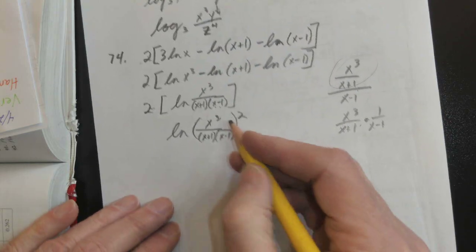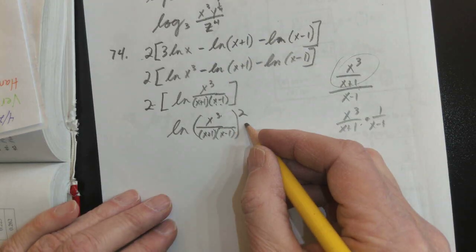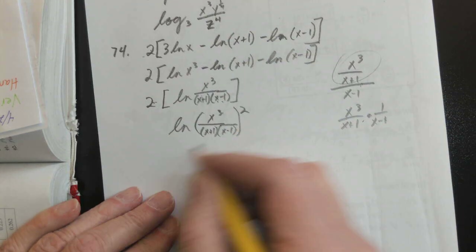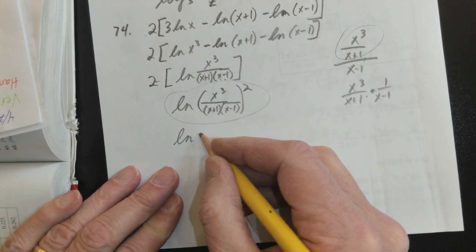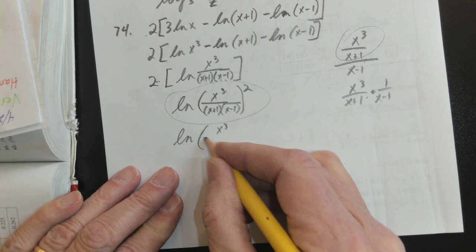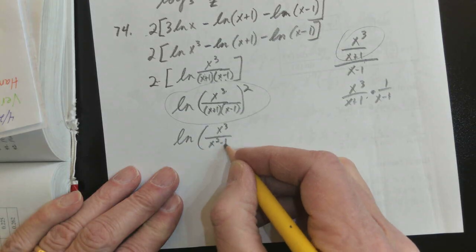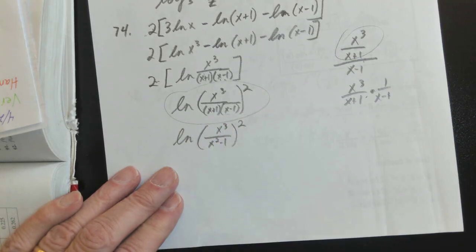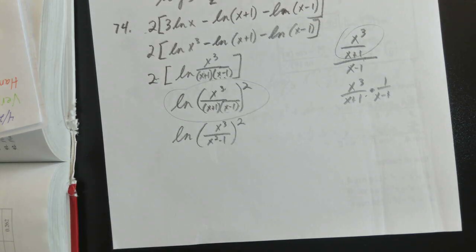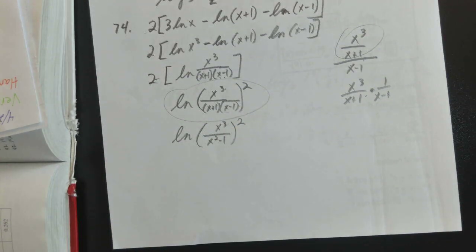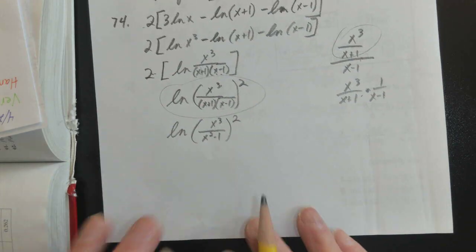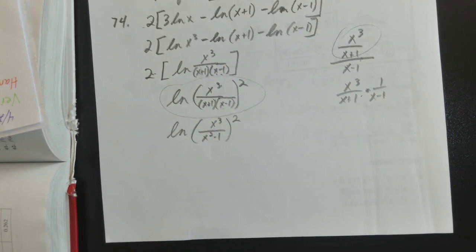If we wanted to condense a little bit more, I would be good here. I would be good if we went x cubed over x squared minus 1, right? Just go ahead and multiply those out and do that. I'd also be okay if you decided you wanted to distribute that, but there's several stopping places I'm okay with. All right?